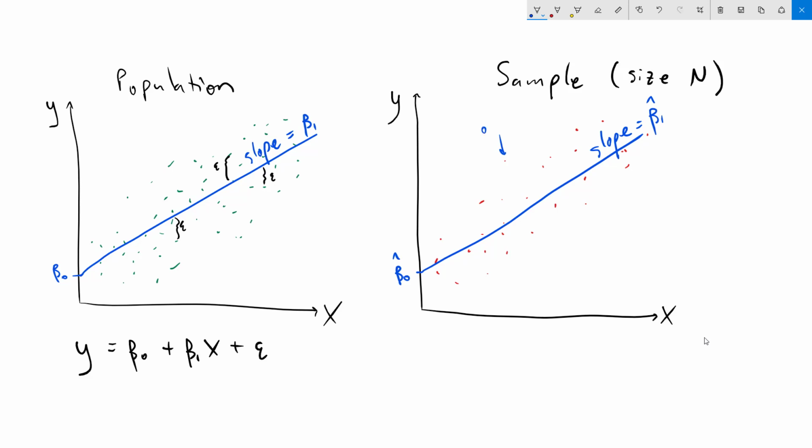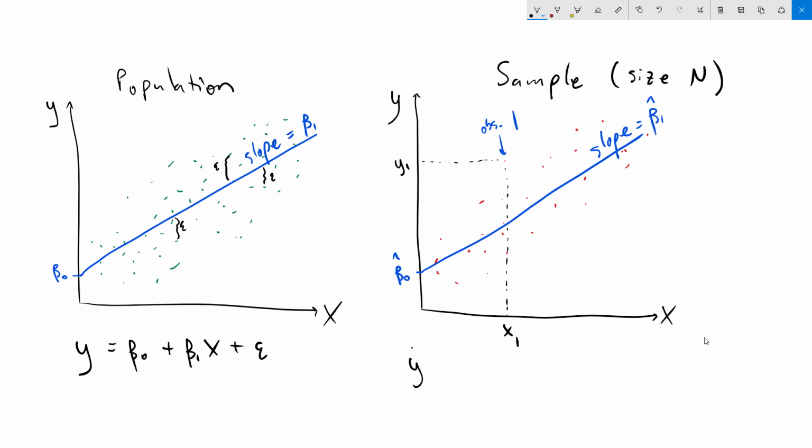And if we take one of these red dots, let's say this one right here, let's call that dot observation 1. The height of that observation, that's y1, and the distance on the x-axis is going to be x1. And when we plug in any of our x's into our estimated equation, that's going to tell us what our y hat is going to be.